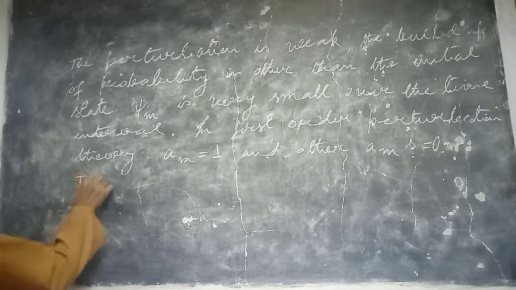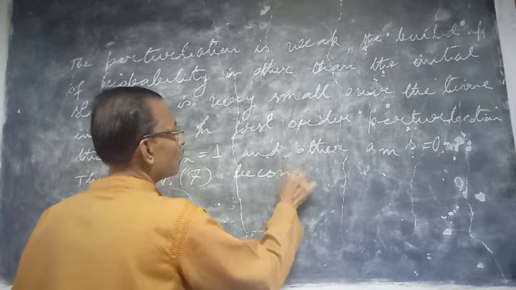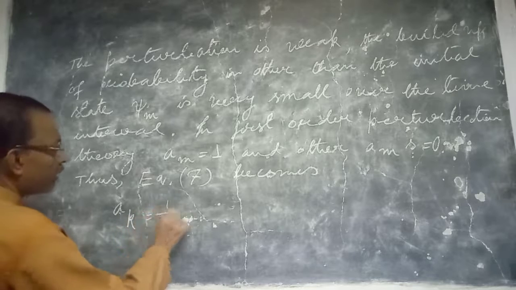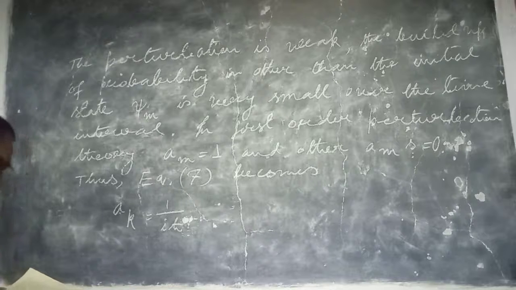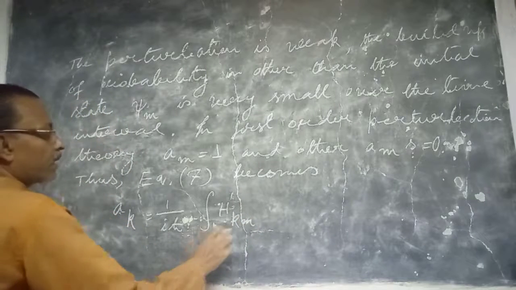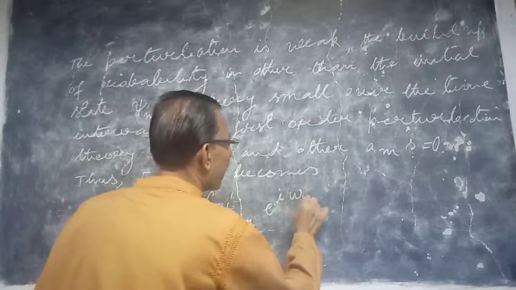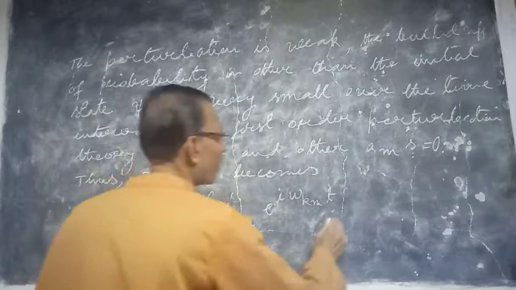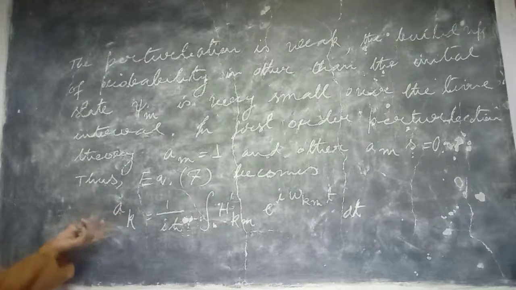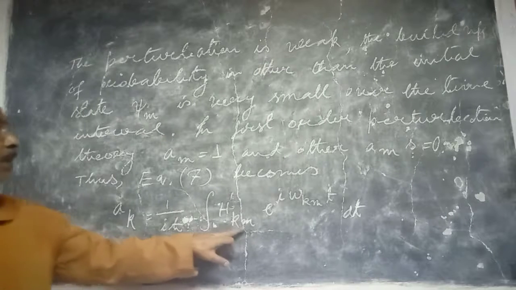Therefore equation 7 becomes a k dot is equal to 1 by i h cross H prime km, where m is the initial state, instead of n I am writing m, e to the power i omega km t dt, because here you get a n dot t, so integrating over this time we get a k or a n, whatever it is, the final state, and m is the initial state.